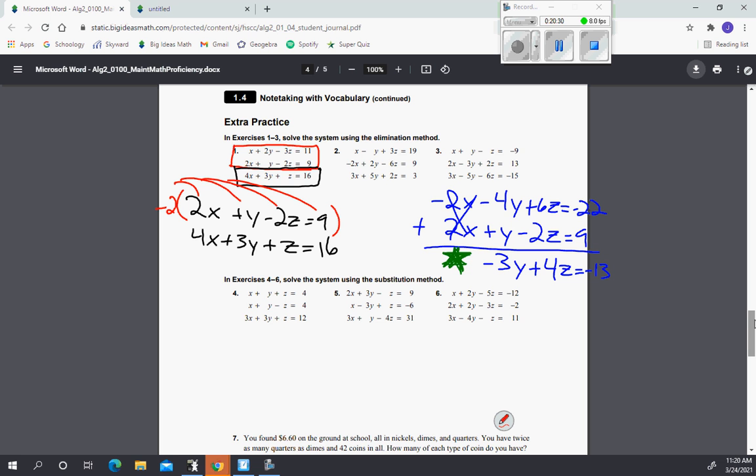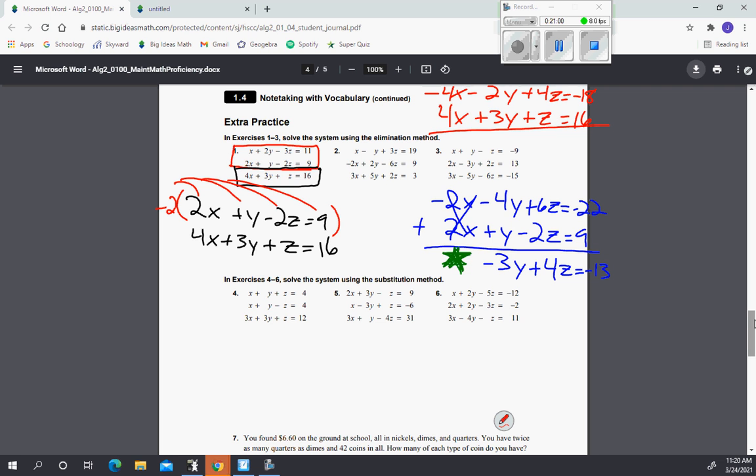Running out of room here, I'll go up top. I get negative 4x minus 2y plus 4z equals 9. Or no, equals negative 18. Ooh, almost made a mistake. And then I have 4x plus 3y plus z equals 16.